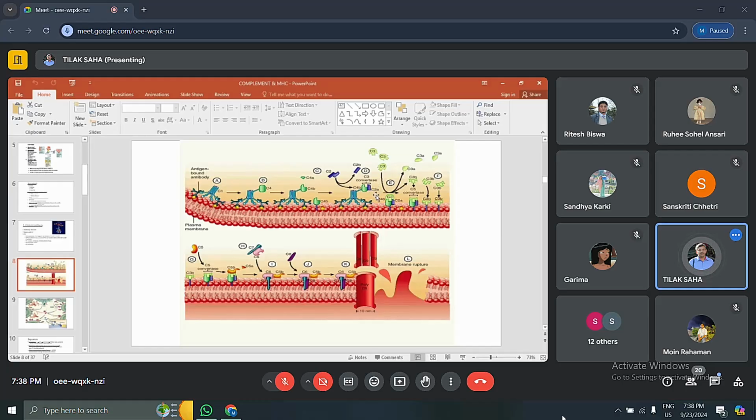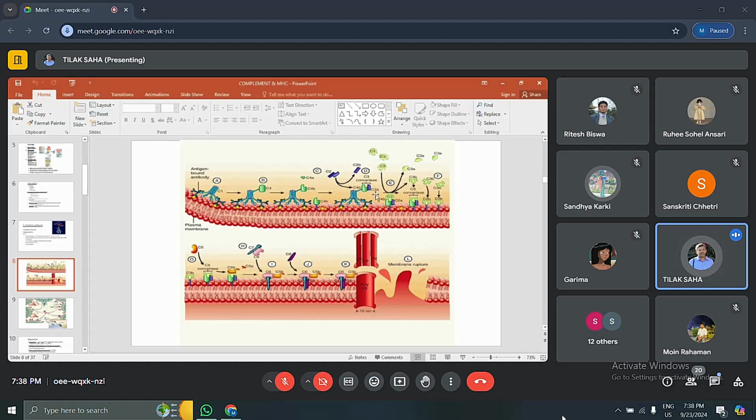In this, the C2a is the active one. This is actually an alteration of the rule, right? So the complex that is formed is known as C4b2a. Is it understood up to this? Yes, sir.